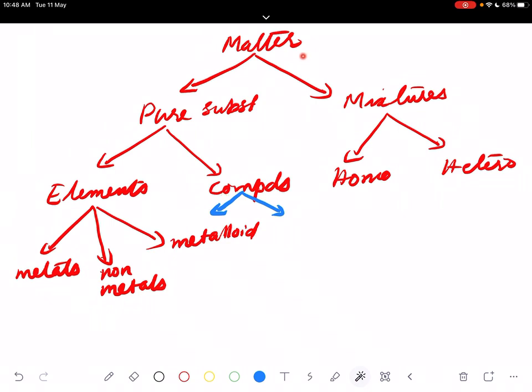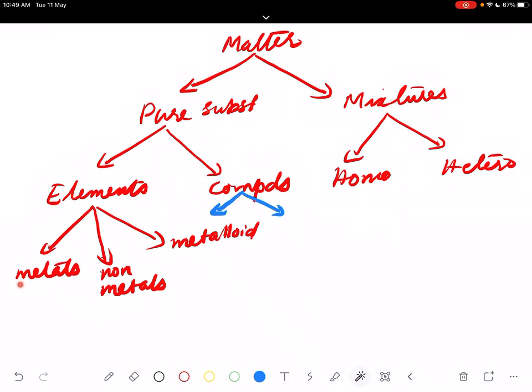So matter is classified into pure substances and mixtures. Mixtures we have already seen: homogeneous mixtures and heterogeneous mixtures. Pure substances are classified into elements and compounds.